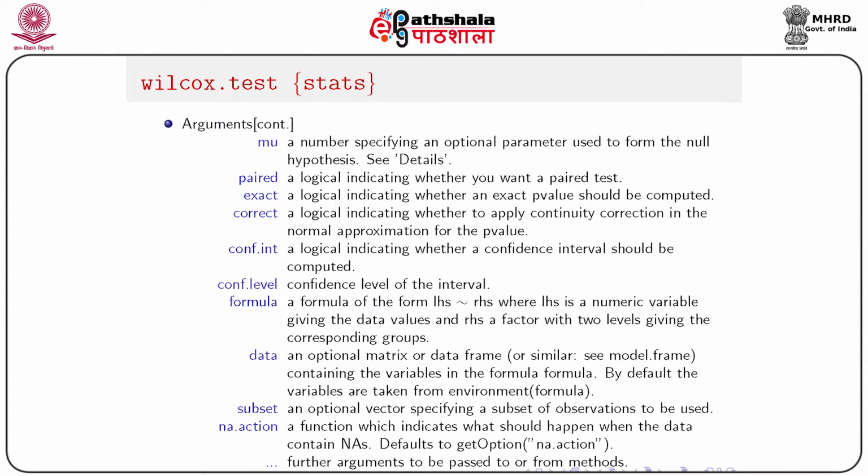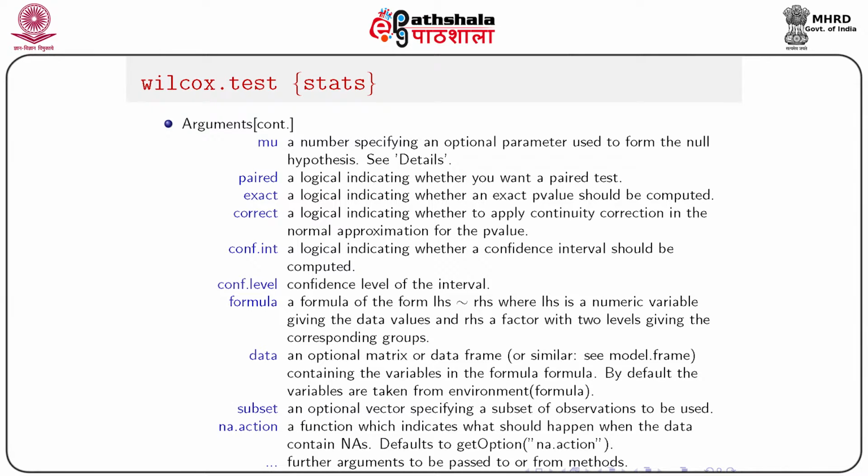Exact is a logical indicating whether an exact p-value should be computed. Correct is a logical indicating whether to apply continuity correction in the normal approximation for the p-value. conf.int is a logical indicating whether the confidence interval should be computed, and conf.level is the confidence level of the interval.